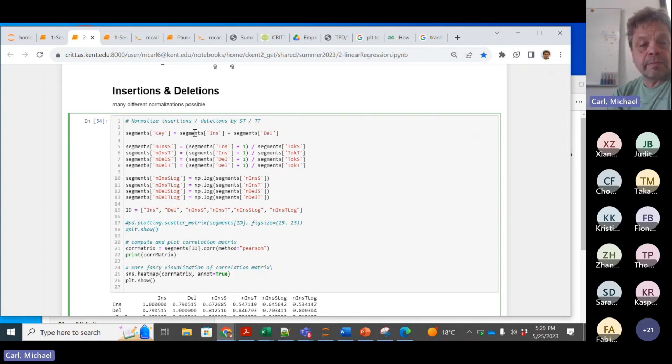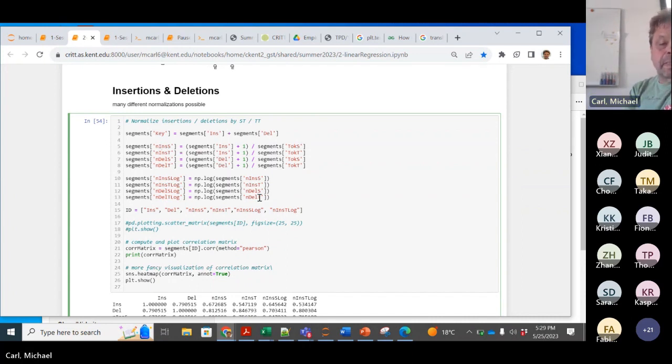We can just sum them up and have the number of keystrokes. And then we can also normalize this by the number of source text tokens or target text tokens. So what would that mean? We have a normalized number of insertions based on the source text tokens, even though the translator, of course, only types the target text, right?